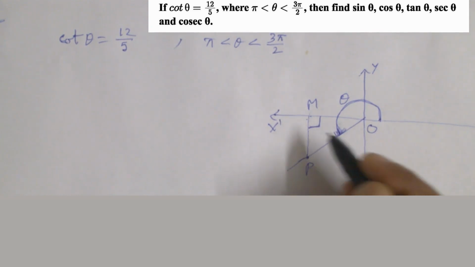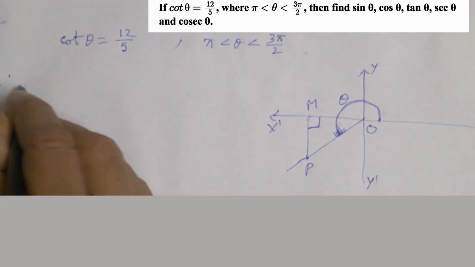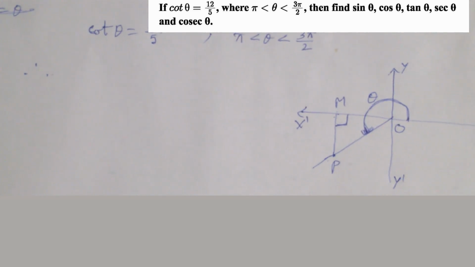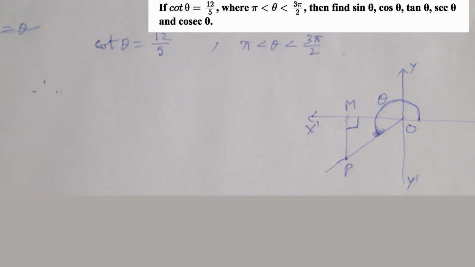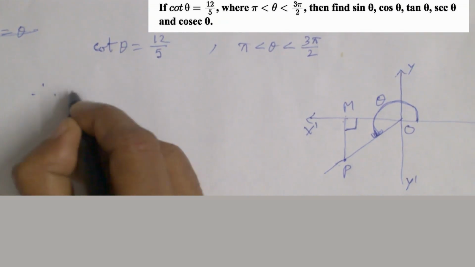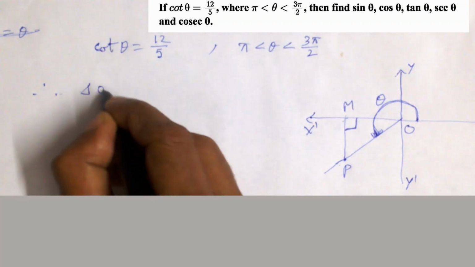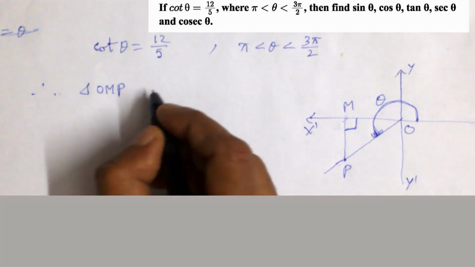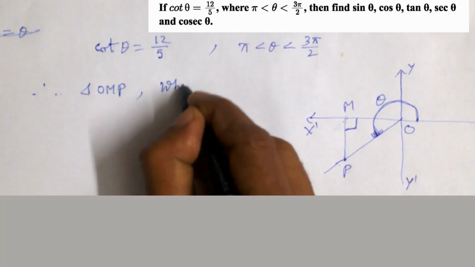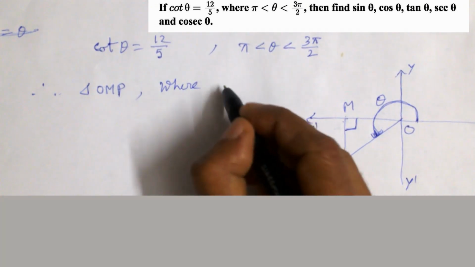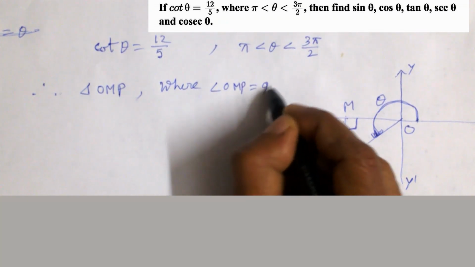In triangle OMP, right angled at M, angle OMP is equal to 90 degrees.